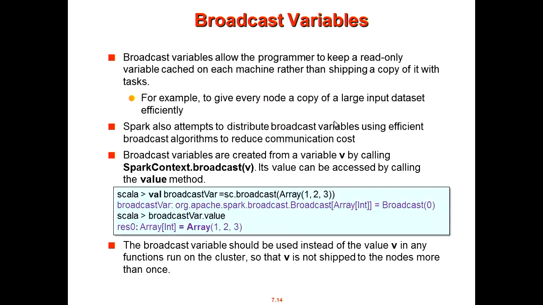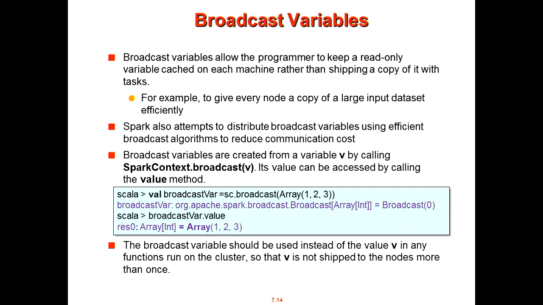For broadcast variables, as introduced in the previous slide, they are used for problems with a very large shared variable. It allows the programmer to keep a read-only variable cached on each machine instead of shipping a copy of this variable with the closure and the functions.